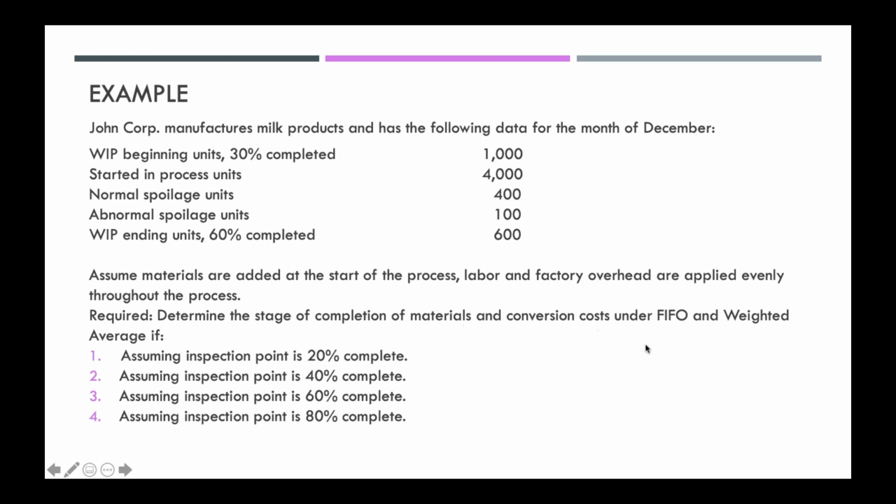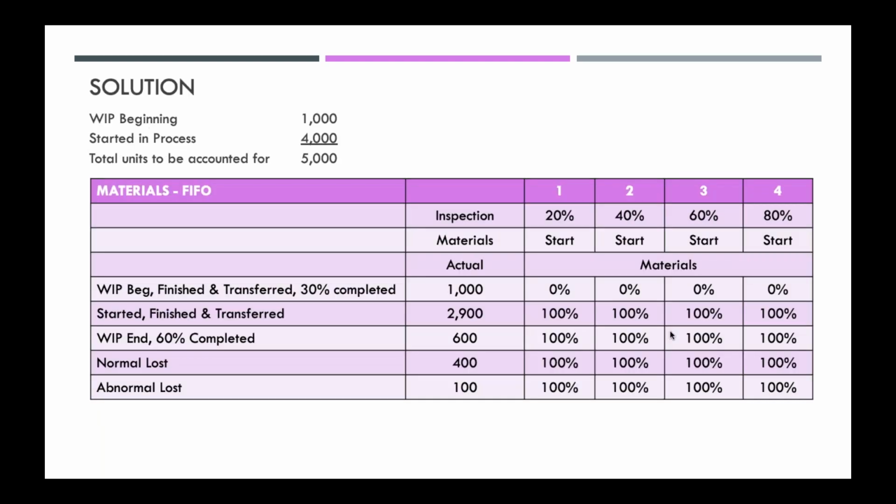Okay, we will apply again FIFO and weighted average. So 5,000 units. This is first in, first out.